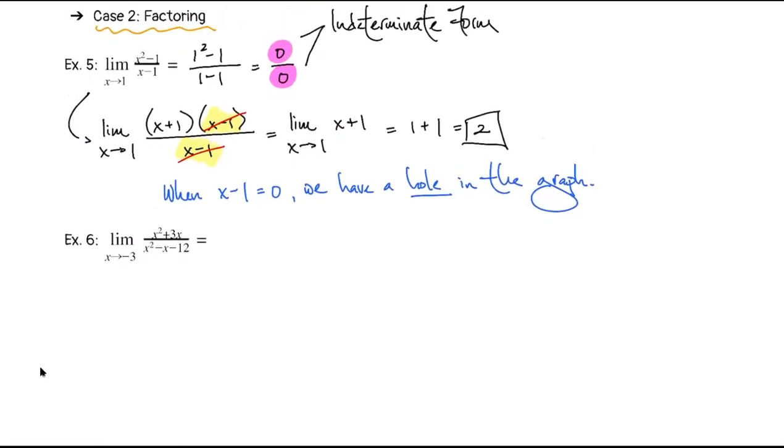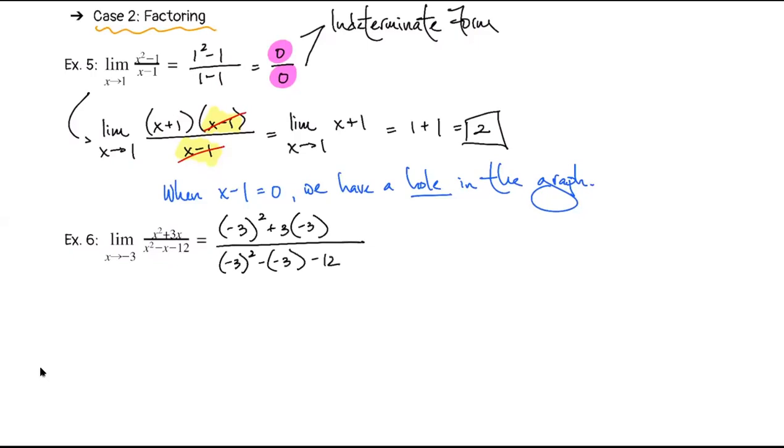All right, so let's try another example, okay? We have the limit as x approaches -3. The first thing that I want to see you do is plug in -3, okay? So -3 squared plus 3 times -3 over -3 squared minus -3 minus 12.